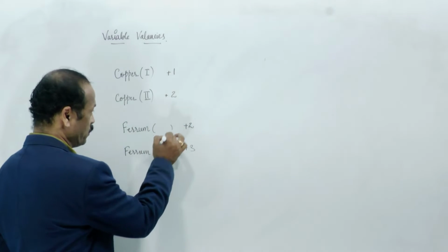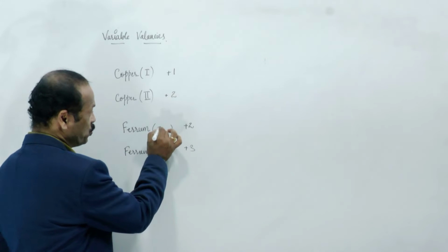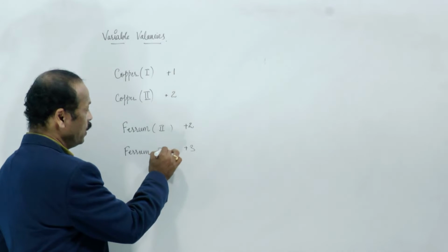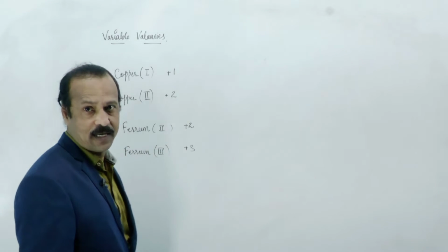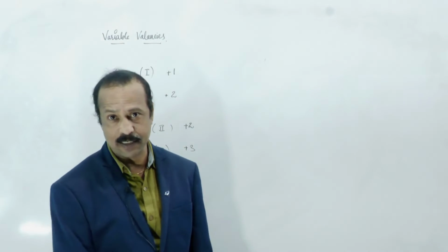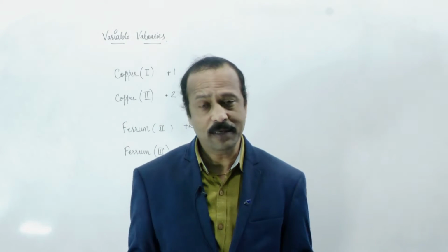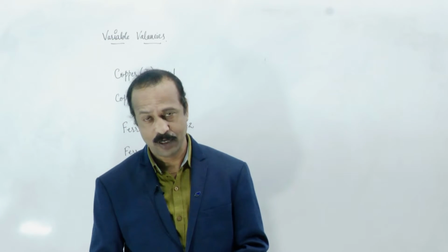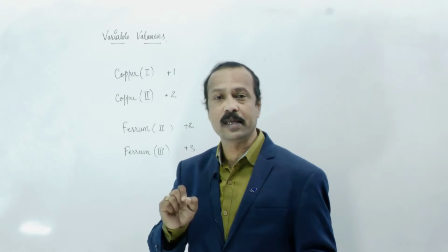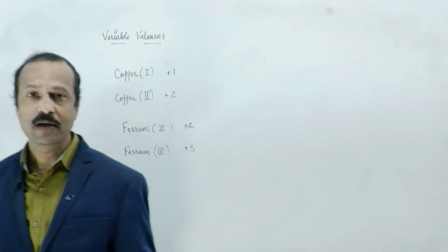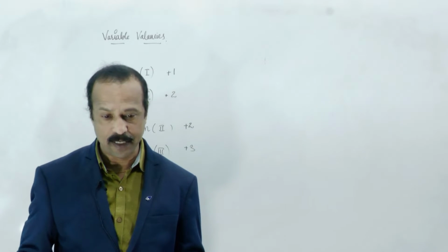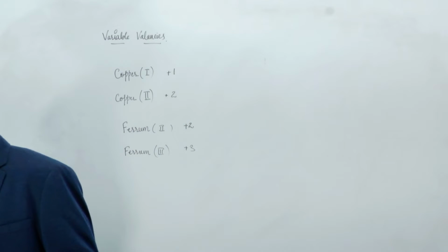When it exhibits +2 valency we write the Roman numeral II, and here we write the Roman numeral III. So a few elements exhibit two or more different valencies. Such valencies are called variable valencies. Now open your material, page number 27.